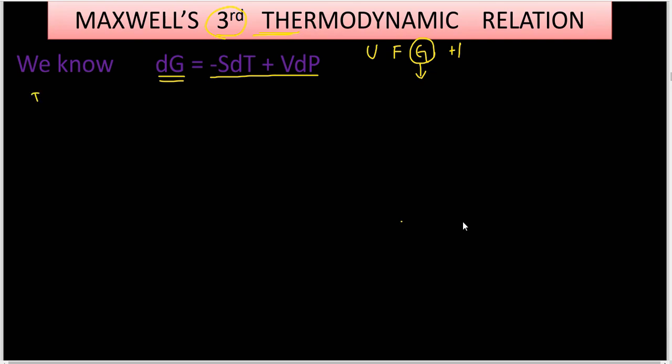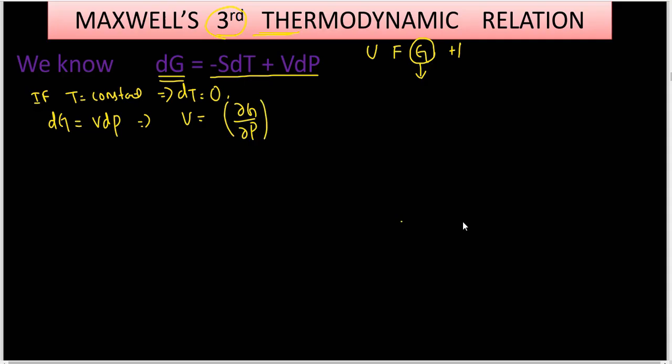Okay, the first part, if temperature T equal to constant, that implies dT equal to 0. So the equation will be dG equal to V dP, that implies V is equal to ∂G/∂P at constant T. The first part, this is equation number 1.